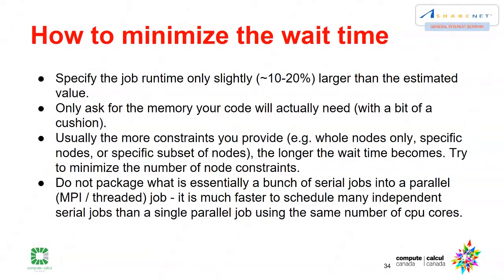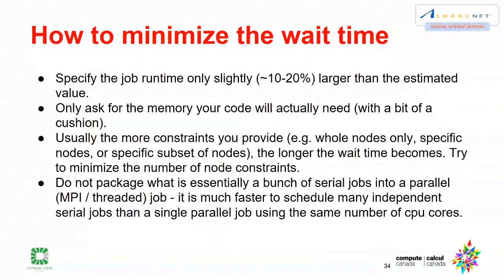There are some tips that could be very useful for you. First, specify the job time slightly over what you expect. We recognize many users just allocate whichever time is large, like 7 days, 10 days, 20 days. But the longer time you set, the less chance you have of running your job quickly.